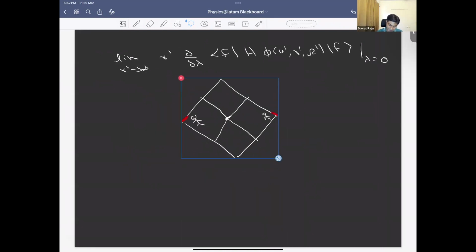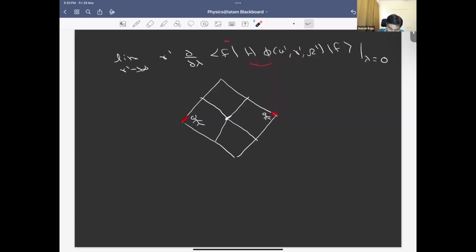Because notice that H is an observable here in the red region. This is H. And then I'm making a measurement of phi, but this time I've taken R prime off to infinity. I'm also going to take U prime to be very large and negative. So I'm going to take U prime to be in this red region. They're just measuring a 2-point function of some observables in this red region.